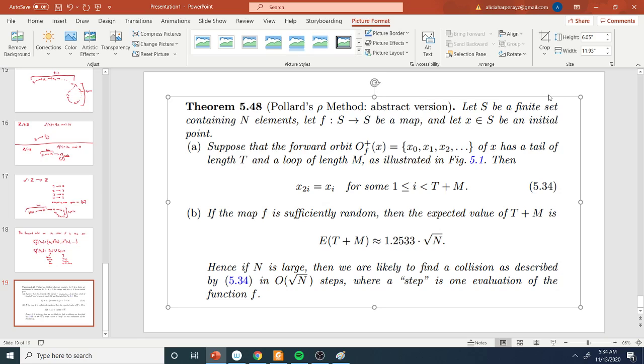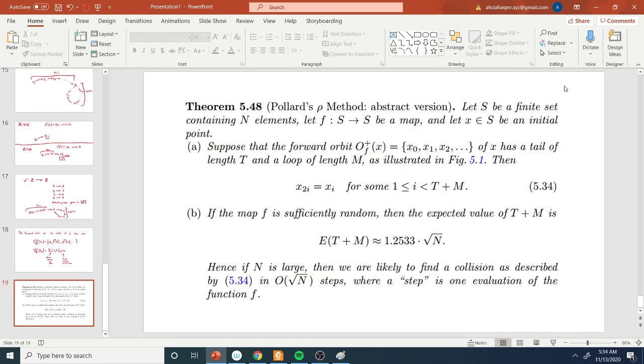So little x in S is the initial point. Now, suppose that the forward orbit of x has a tail of length t and a loop of length m.